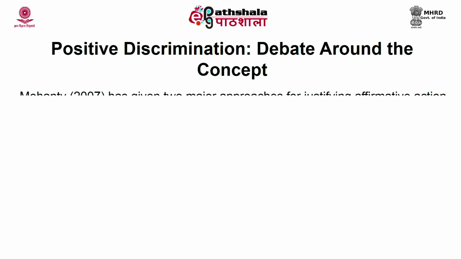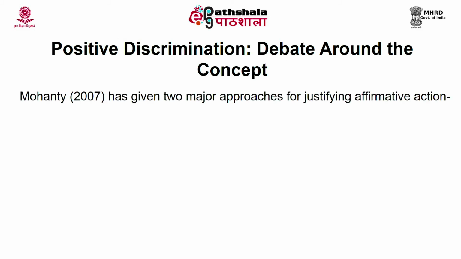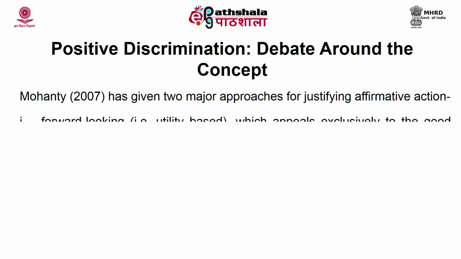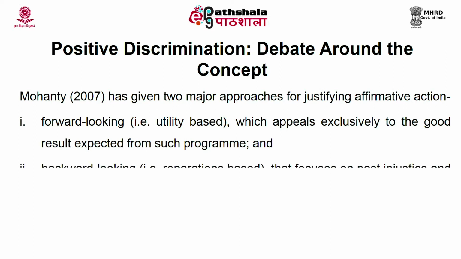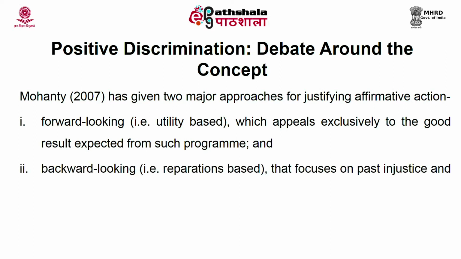Mohanty has given two major approaches for justifying affirmative action. First, forward-looking, that is, utility-based, which appeals exclusively to the good result expected from such a program, and second, backward-looking, that is, reparations-based, that focuses on past injustice and demands reparation.